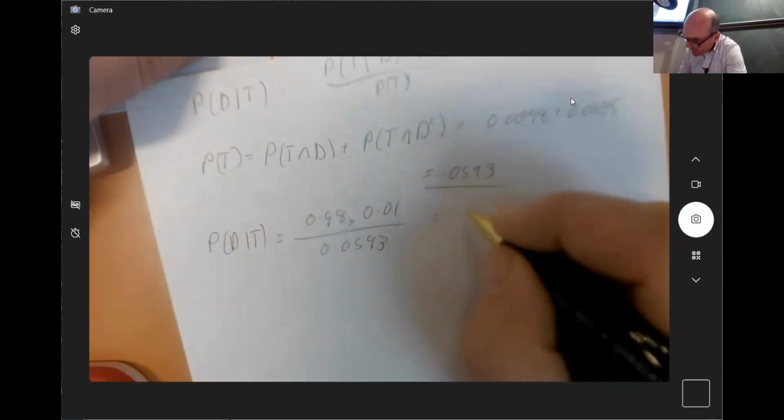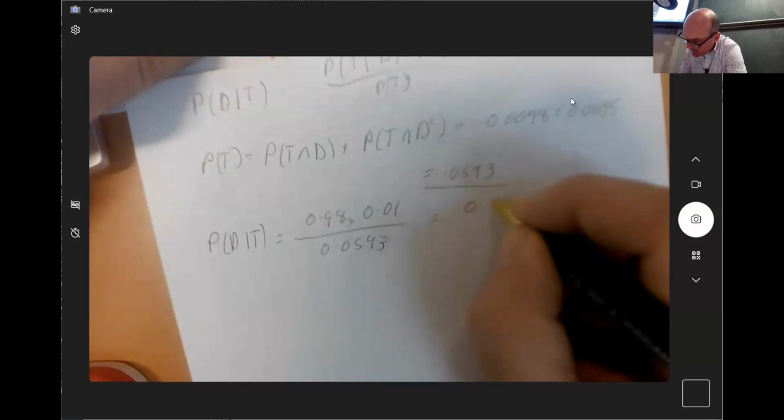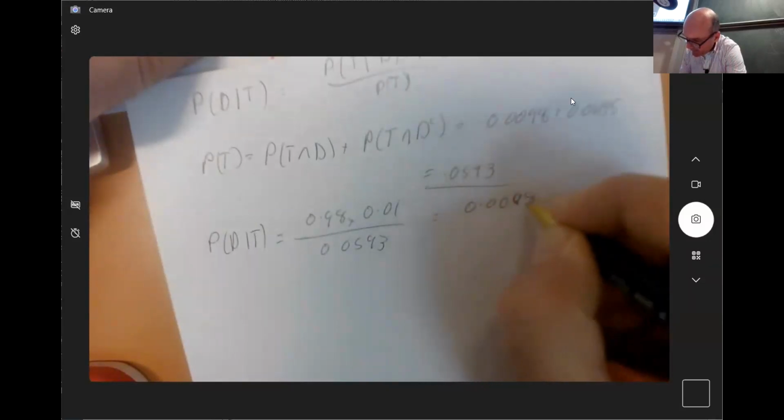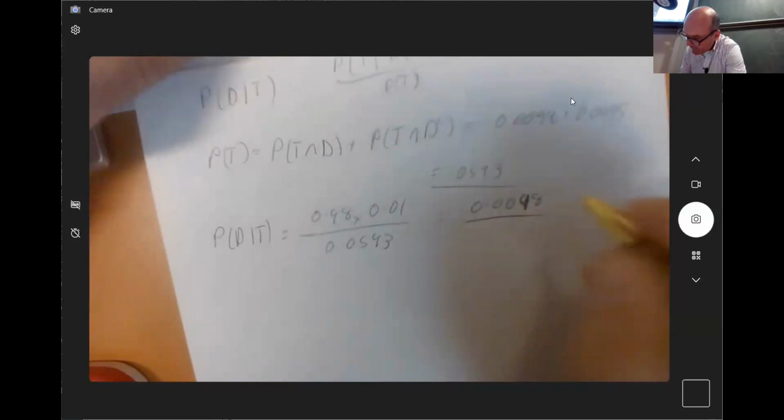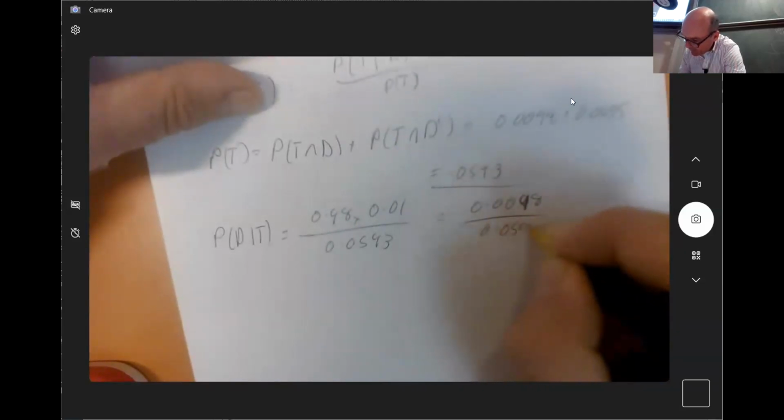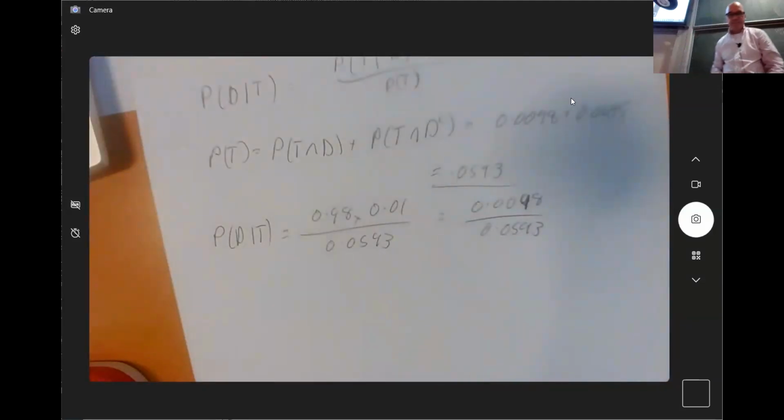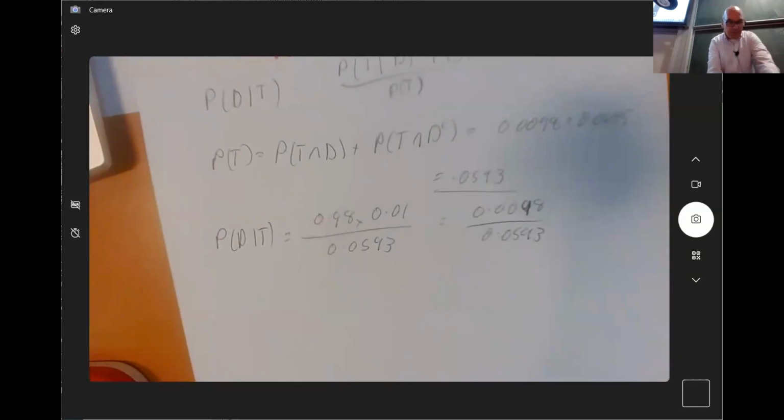And so we reckon that's going to be 0.0098 on 0.0593.